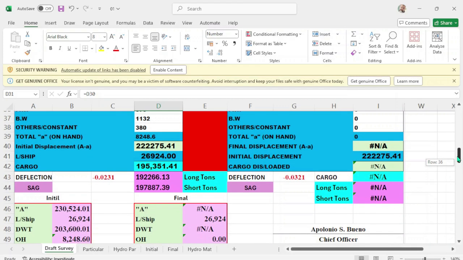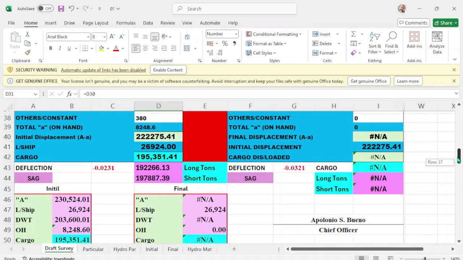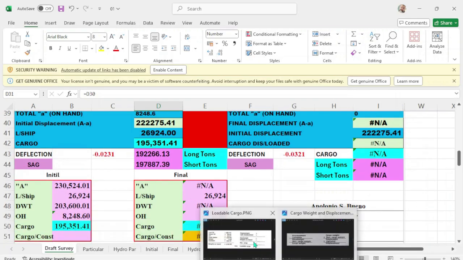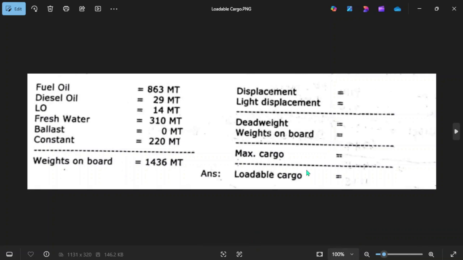Okay, now check by using this figure: displacement minus light shift equals your dead weight, minus your weights on board will be your cargo.